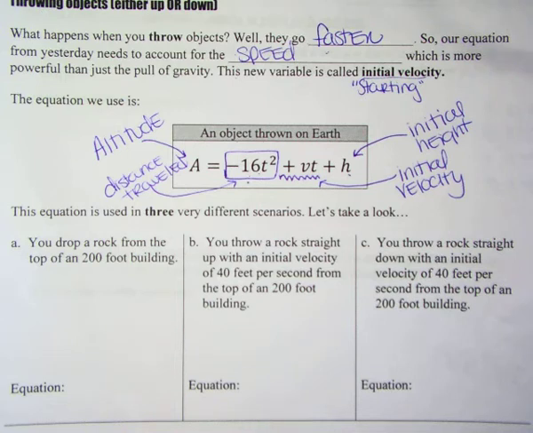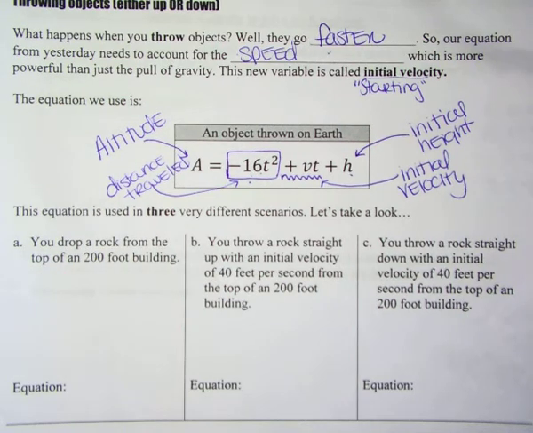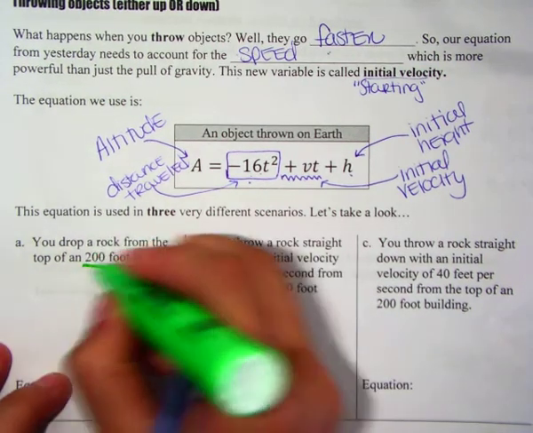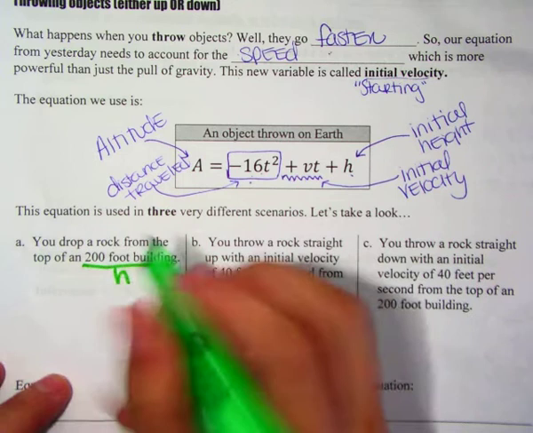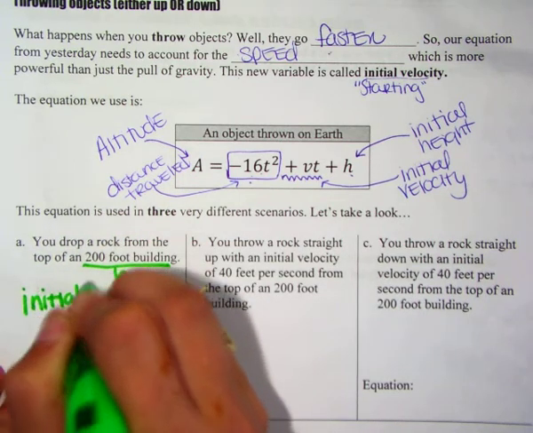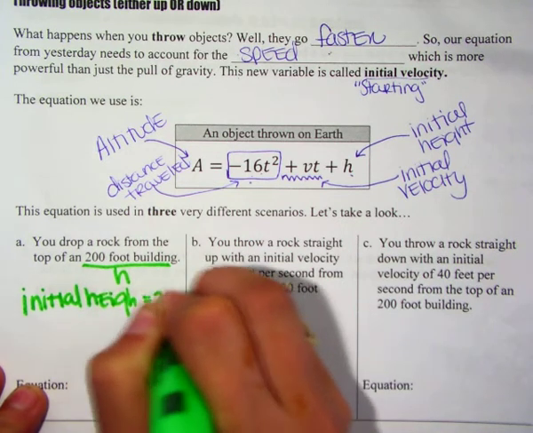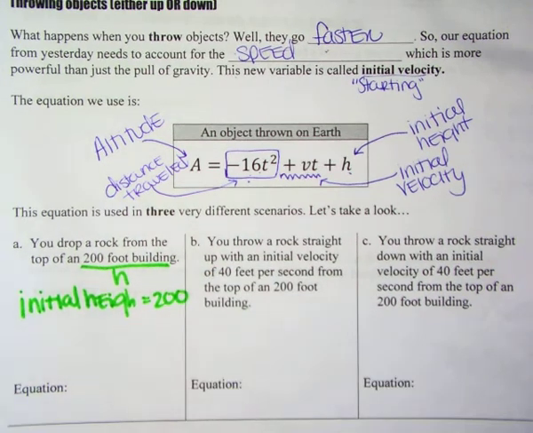So if you were to drop a rock off the top of a 200-foot building, well, the 200-foot building, this is your initial height. So initial height is 200. You're also dropping a rock off of a building.